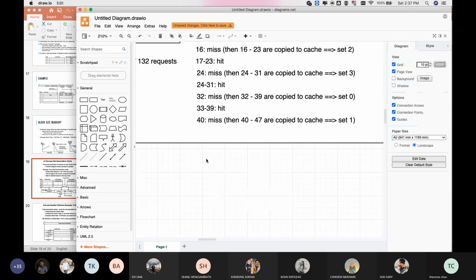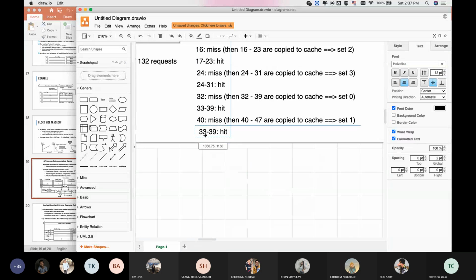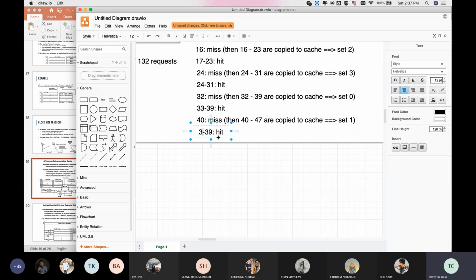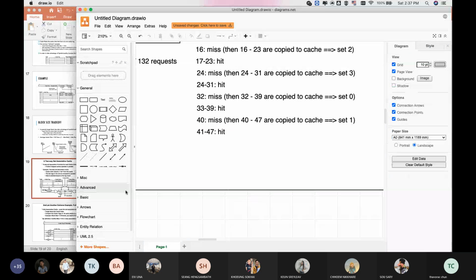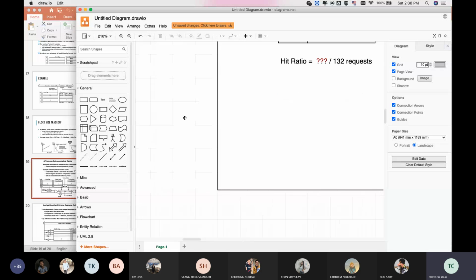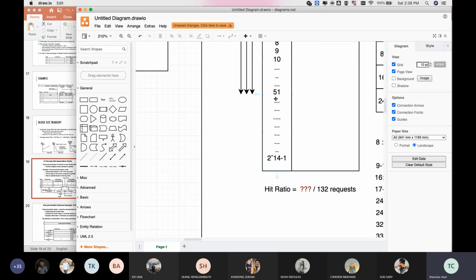So address 41 until 47 is a hit. Okay. And it's almost done because our loop is only until 51 here.